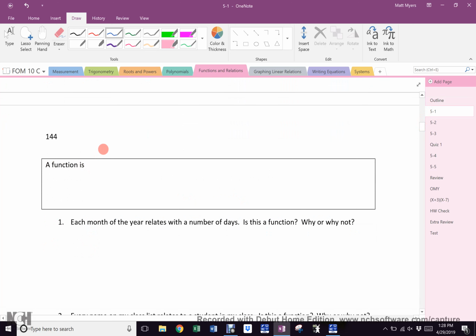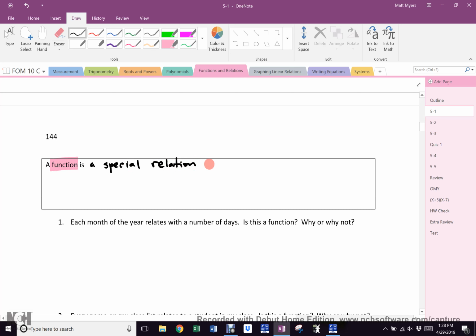So now, first thing we're going to do is turn the page over. We're going to learn what a function is. That's a new word. A function. A function is a special relation. Okay? What's a relation? Anytime you compare two pieces of data. But there is one kind of special relationship that we call a function.